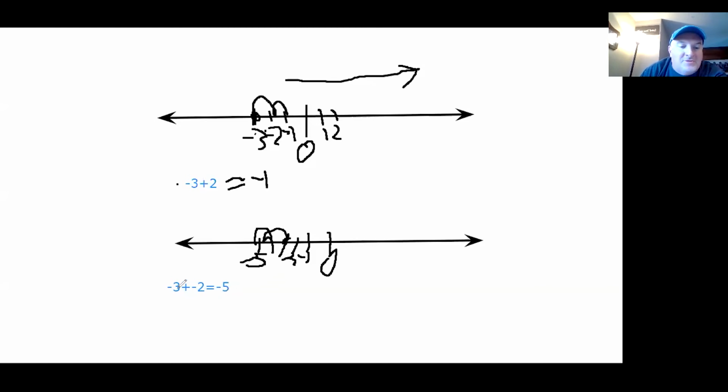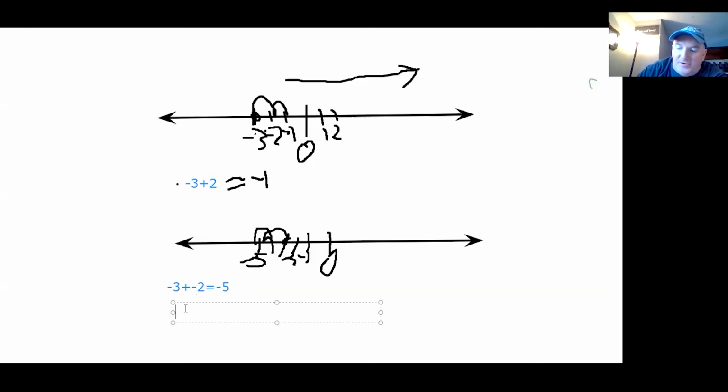All right. So anyway, you have -3 plus -2. Now, because it's plus a minus, you could make it easier. Math is one of those things where, if it makes it easier for you, I'm not going to say you have to do it one way or another.